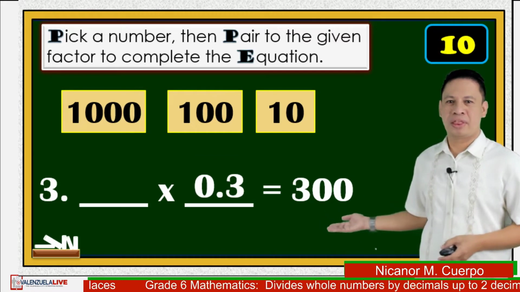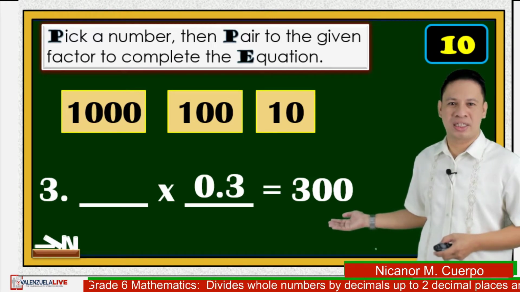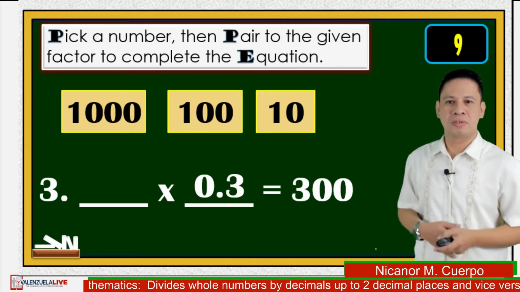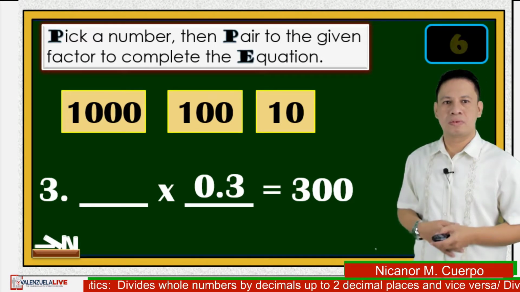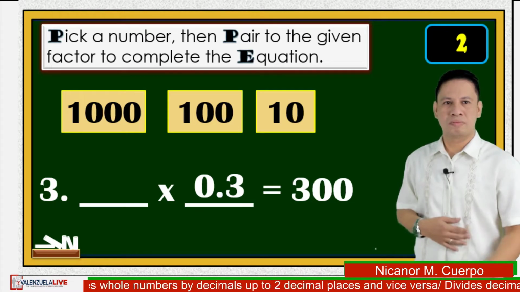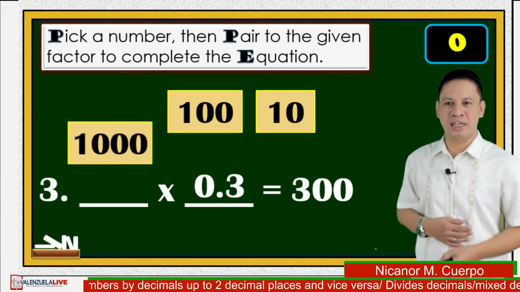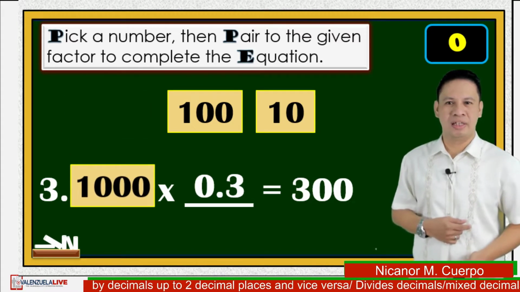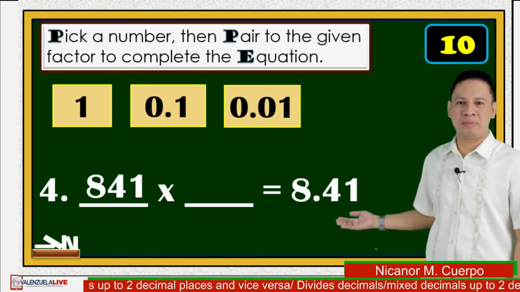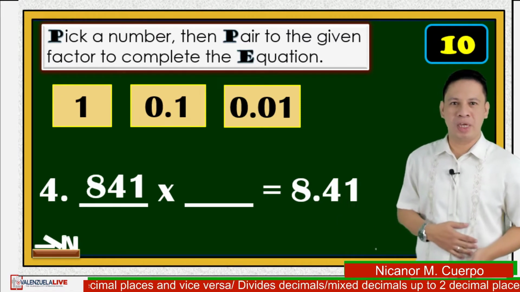Next. Number 3, blank times 3 tenths equals 300. PPE, go. Okay, time's up. The correct answer is 1,000. Next. Number 4, 841 times blank equals 8 and 41 hundredths. PPE, go.